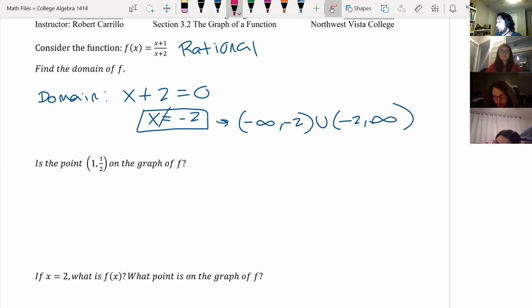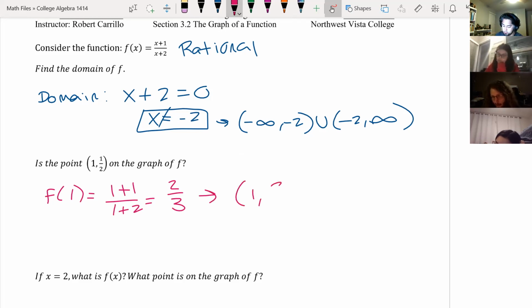So plug in an x value and see if we get 1/2. You get f of 1, which would give me 1 plus 1 over 1 plus 2, and we get 2/3. So is (1, 1/2) an actual point on this function? No. What point is on this function? (1, 2/3). There you go.